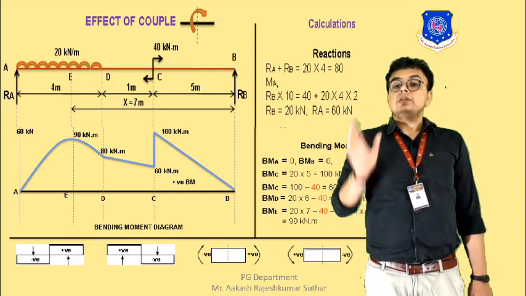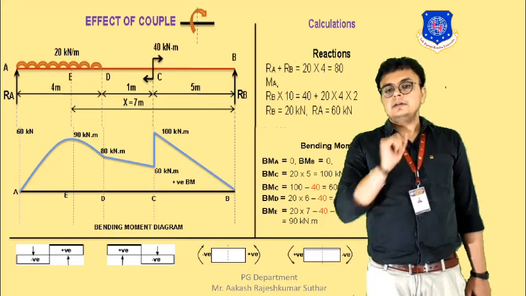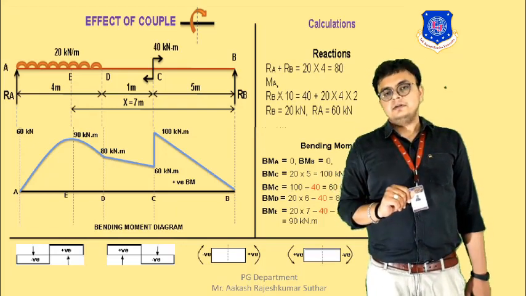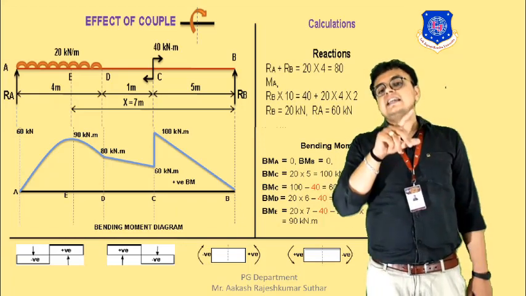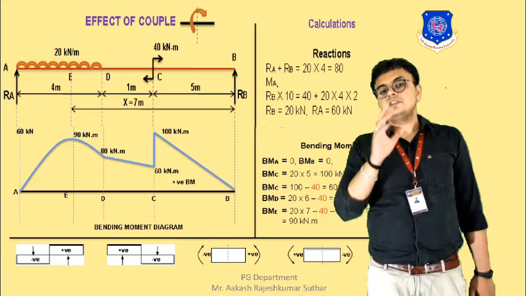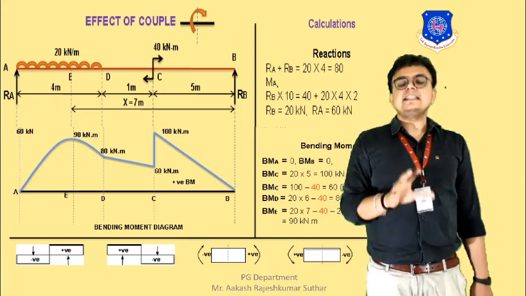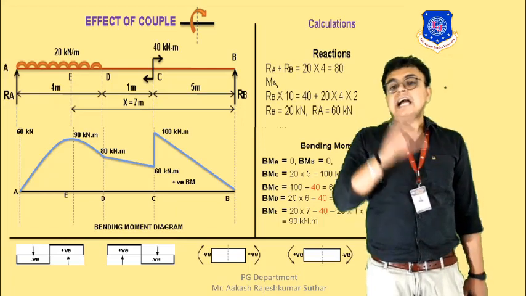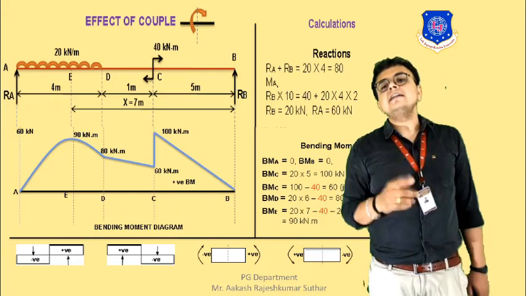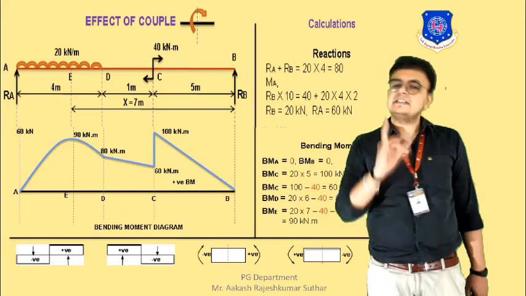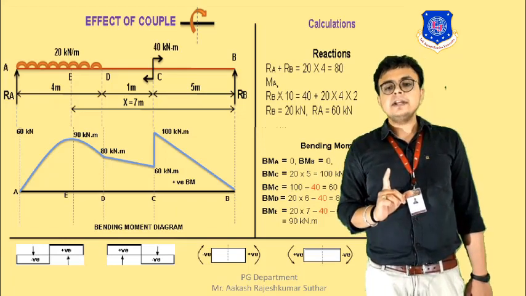Now we have the couple of 40 kN-m, and that is in the clockwise sense on the right hand side of the joint, so it will be negative. So bending moment at C just after will be equal to 100 minus 40, and it will still be a positive 60 kN-m.